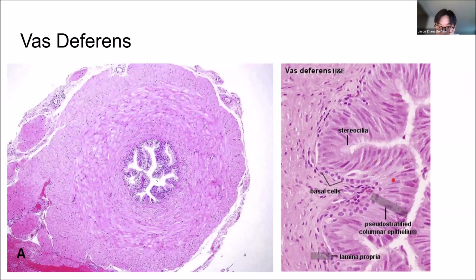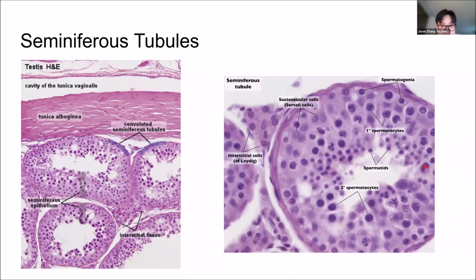Here's the vas deferens. You have some pseudostratified columnar epithelium with stereocilia in order to propel the maturing sperm through the GU system. And here are the seminiferous tubules, also pretty distinct.